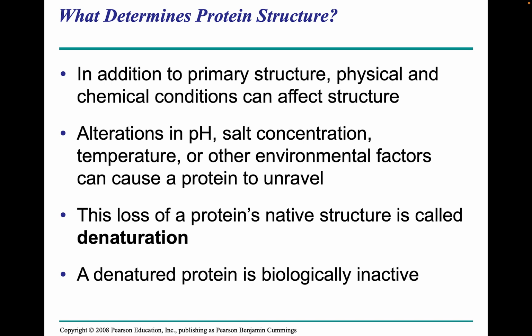A polypeptide chain can spontaneously arrange itself into a 3D shape as the protein is being synthesized. However, the conformation also depends on the physical and chemical condition of the environment. Alteration in pH, salt concentration, temperature, presence of certain environmental factors, all can cause a protein to unravel, which we call denaturation.